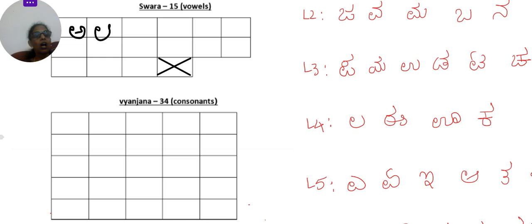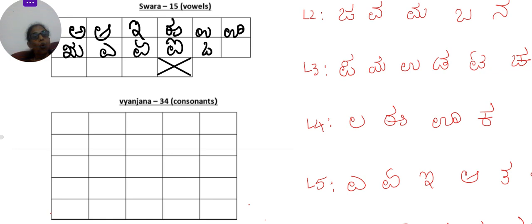Now our table will be complete because we have seen all the alphabets. I, I, u, ru, e, I, o, how, and what we saw today, and aha.